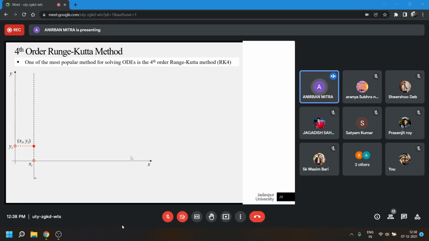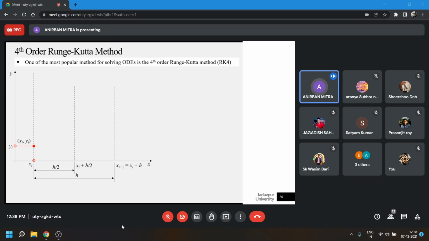So the initial point is known. We have now the interval h, but this interval h itself is again divided into two parts. So there is a midpoint of this interval, which is indicated by the point xi plus h by 2. So the total interval is h. We have the indication of the midpoint of that interval over here.